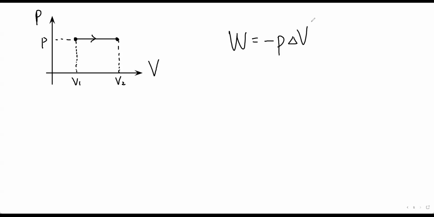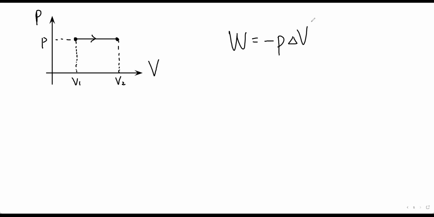First of all, in those diagrams, the arrows show that the gas is changing from this state to this state. You can see that the volume increases. And will the work done be positive or negative? Negative. Here, the work done is negative.